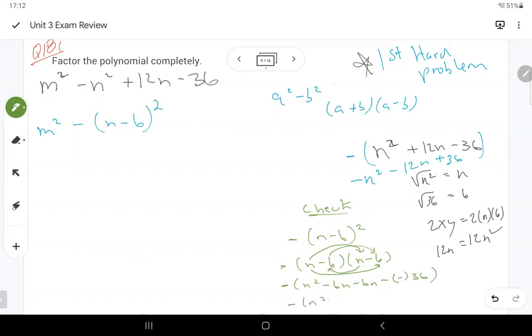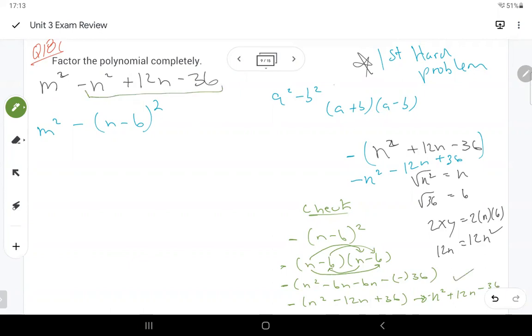So it'd be n squared minus 12n plus 36. Now when we distribute the negative, we get negative n squared plus 12n minus 36. That checks with right here.